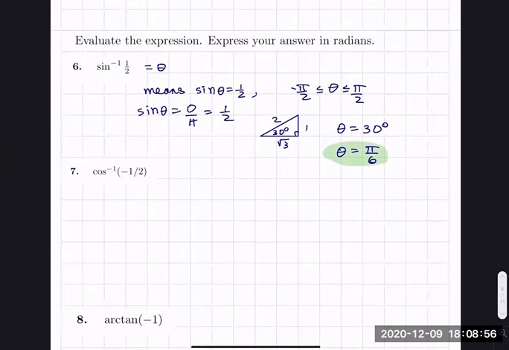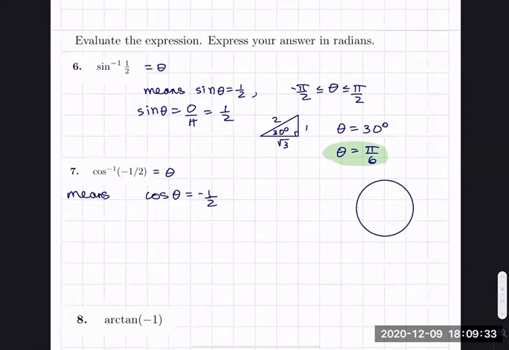Now let's check out this next problem, where we have cosine inverse of negative 1/2 is theta. This means cosine theta equals negative 1/2. Now, if I could, I would look in quadrant 1, but cosine is not negative in quadrant 1. Cosine is positive in quadrant 1, which is true of all the trig functions. So I go to the quadrant next to quadrant 1 where cosine is negative, and that's quadrant 2.